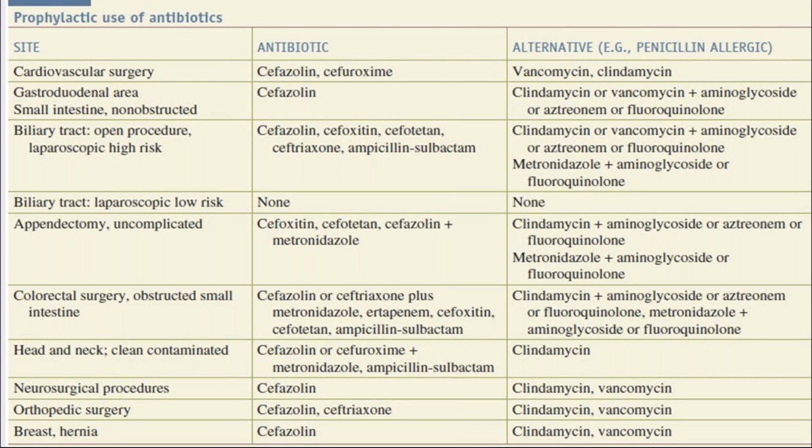If the patient is allergic to penicillin, then we go for vancomycin and clindamycin. For gastroduodenal, that is upper GI, small intestine and non-obstructed cases, cefazolin. Whereas for obstructed cases and penicillin allergic cases, clindamycin or vancomycin along with an aminoglycoside, aztreonam or fluoroquinolones.